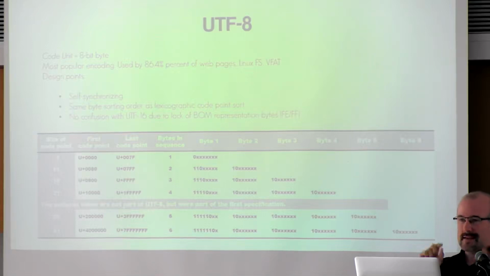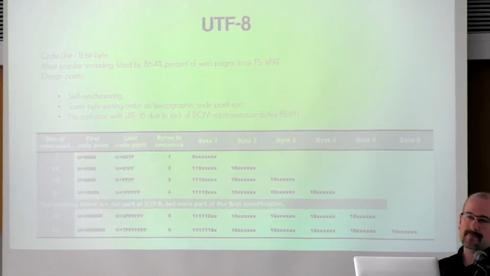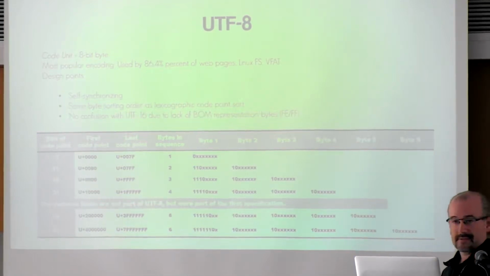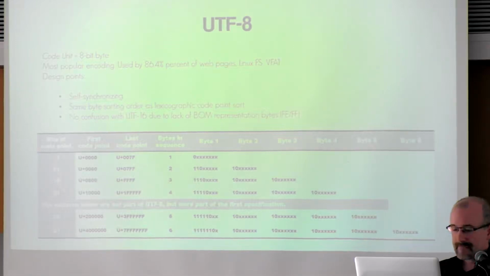In other words, the sorting that you perform keeps everything in the same order as the Unicode code point order. Now, there's a whole series of different things about what sorting even means. We'll get into that.